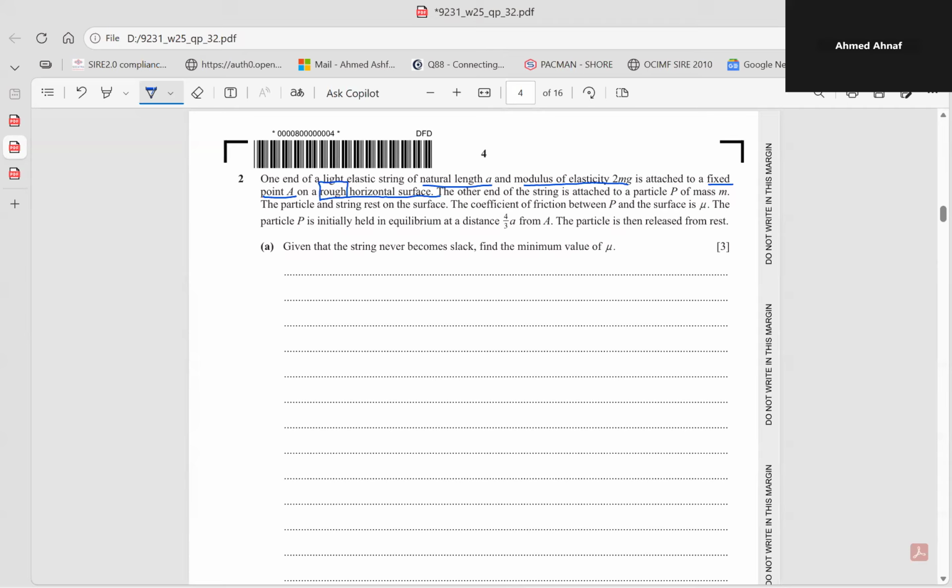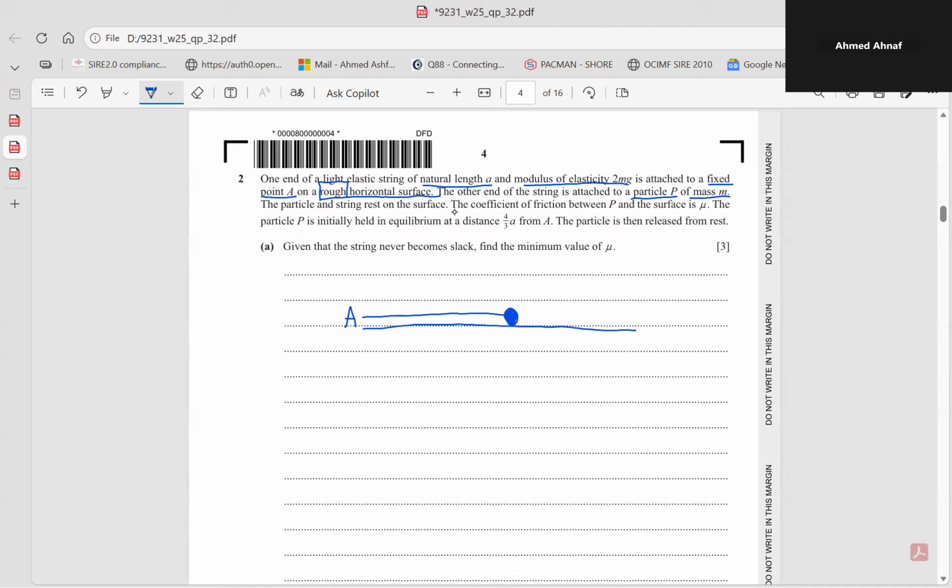The other end of the string is attached to a particle P of mass m. So let's draw it out. This is the rough horizontal surface, this is the string, and this is the particle P. So this is A, and this is P.